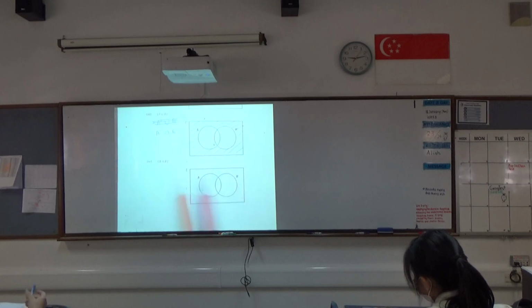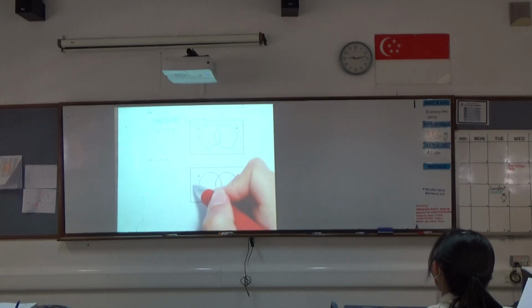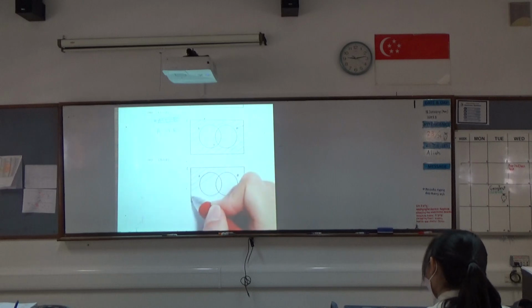Like I mentioned earlier, it might be easier to work with this notation. A intersect B will just be this overlap. Since you're looking at prime itself, that means the complement of this overlap, which refers to everything outside of the overlap.